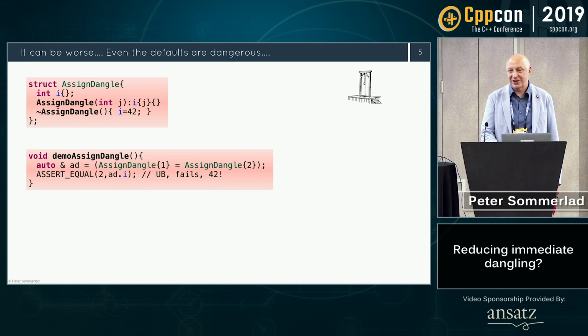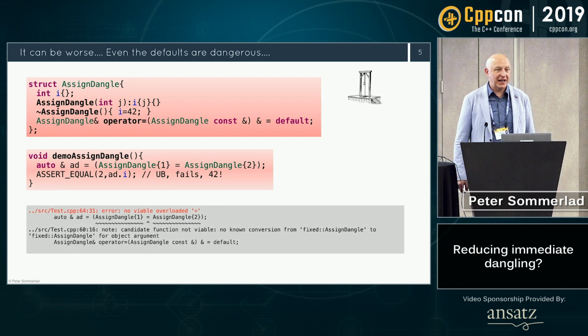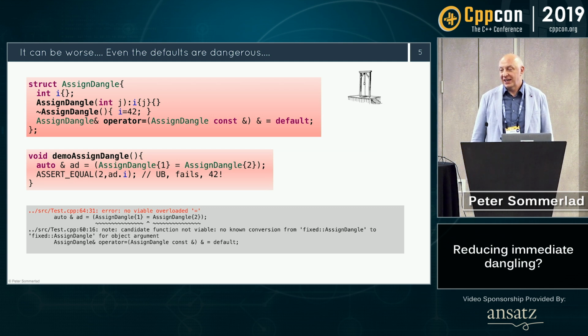Don't do that at home. That's why it's reddish. But that's very easy to get to. So maybe the default should actually be ref qualified assignment operators to make sure that you never call them, never capture the reference, an L value reference to a temporary that you created on the fly.